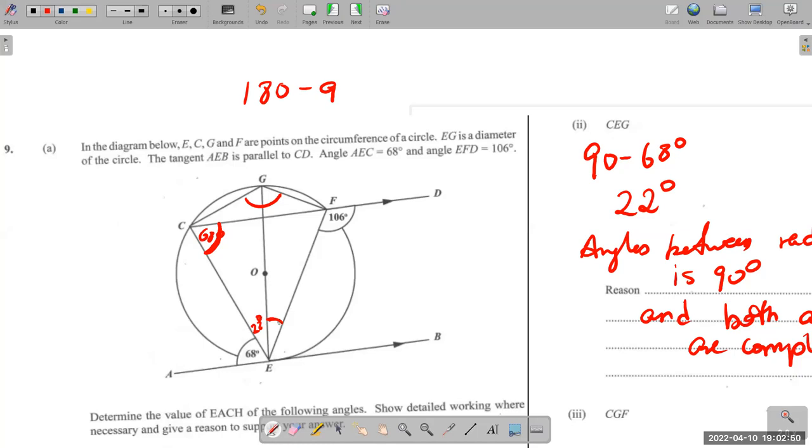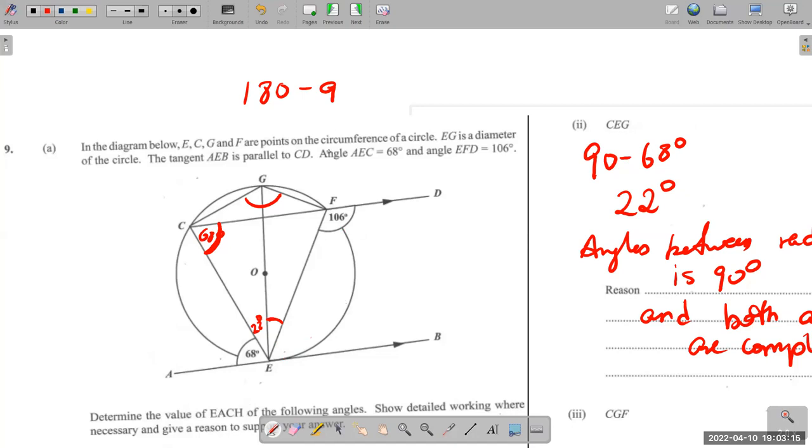But how do I get this? Don't I know this? Can't I find this? These two angles are co-interior. So if here is 106, what is in between here? 180 minus 106.